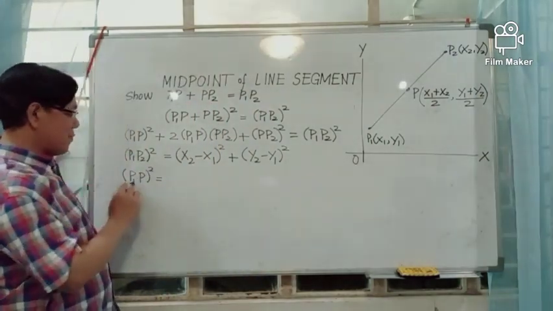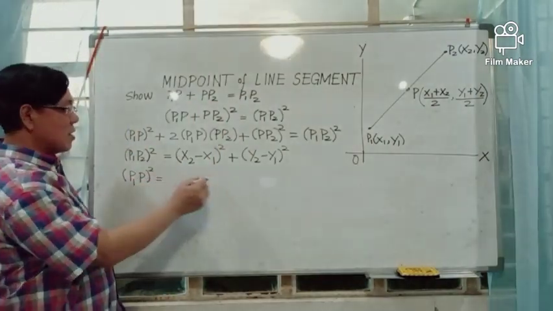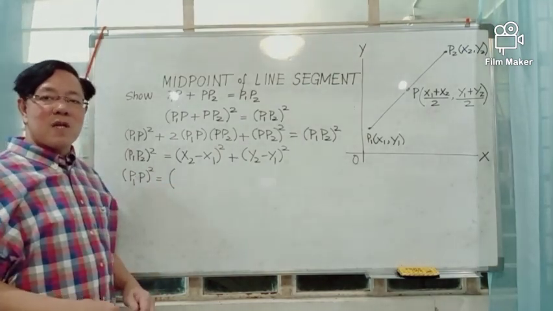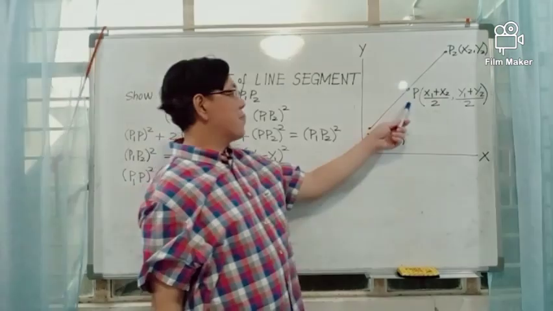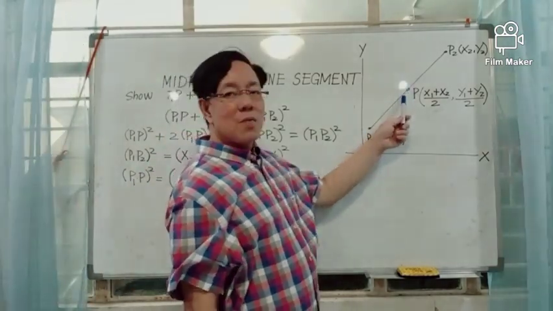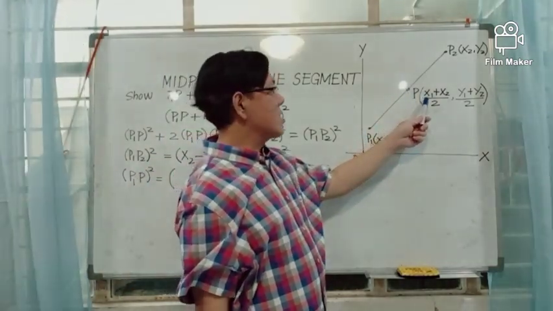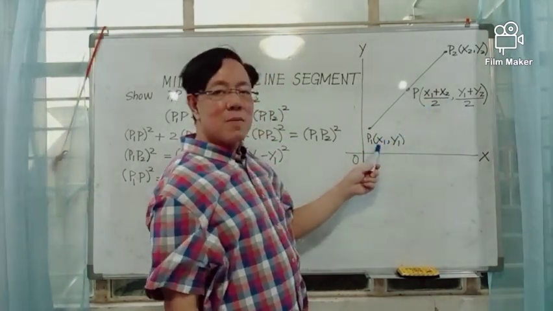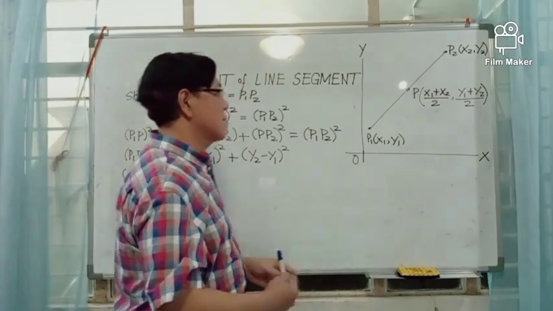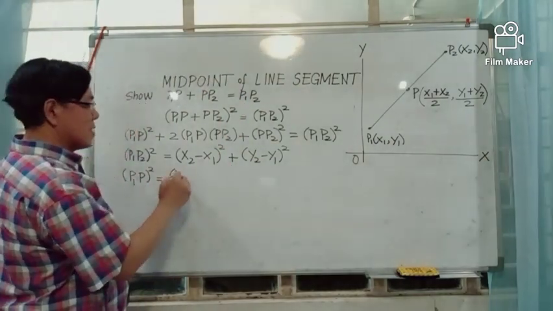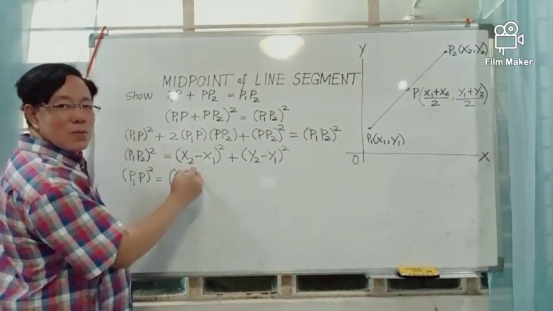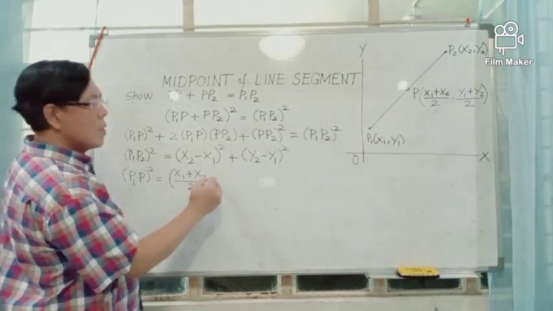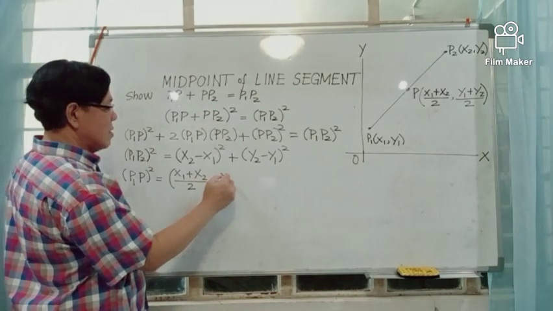And the square of the distance between 2 points is equal to the square of the difference of the abscissas of P and P1. We start with the higher point P: x1 plus x2 divided by 2 minus the abscissa of P1, x1. We write x1 plus x2 all over 2 minus x1.